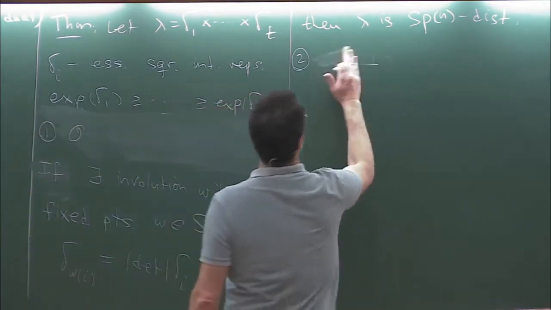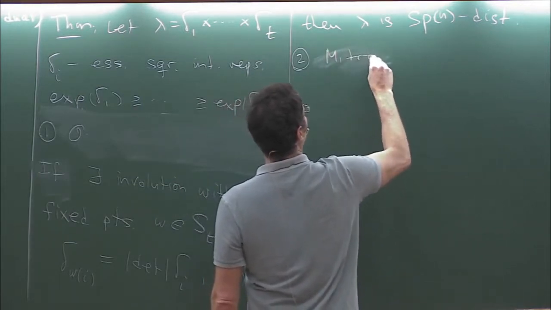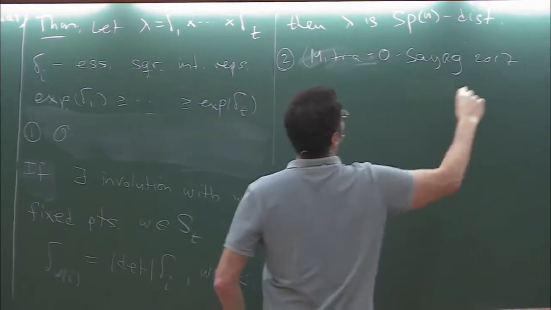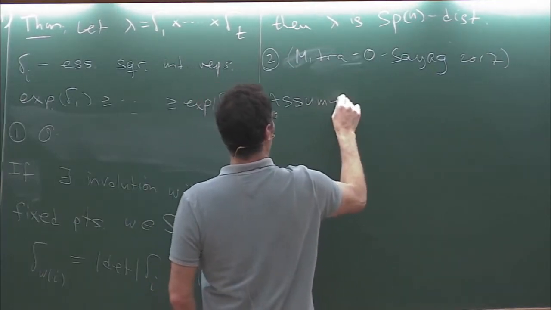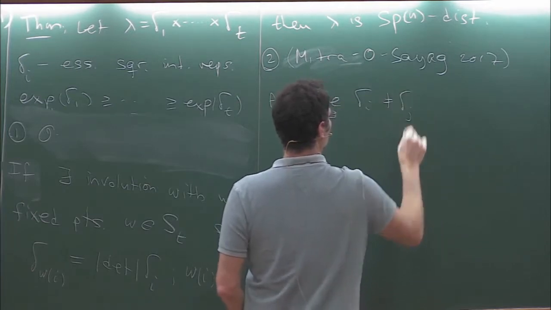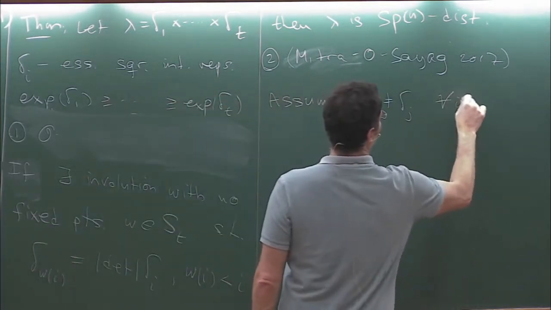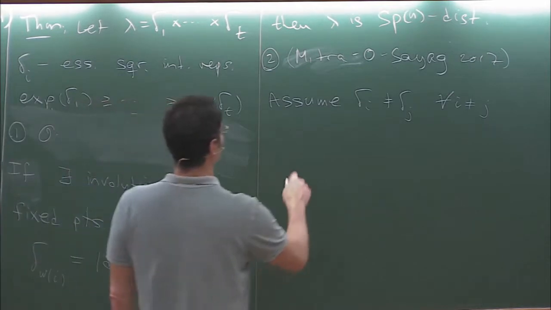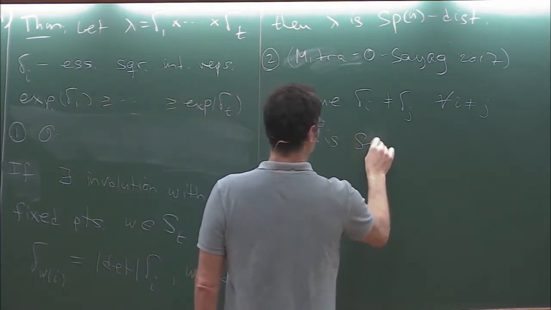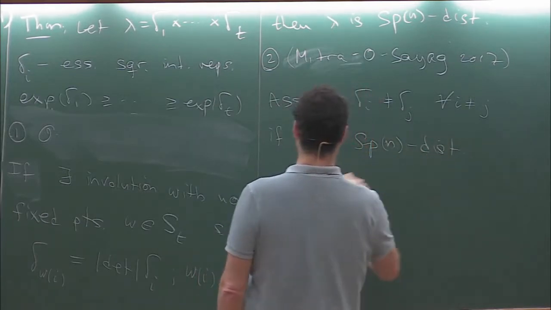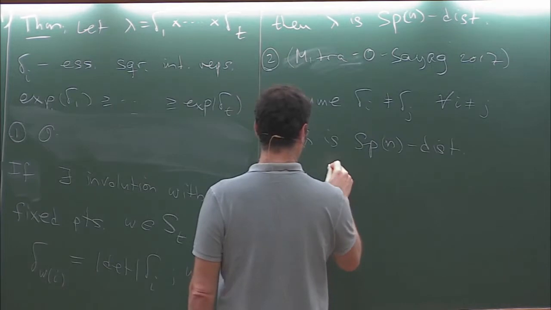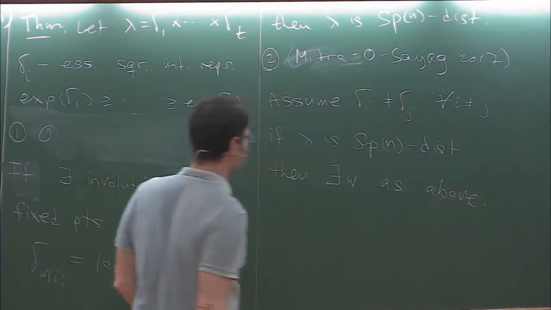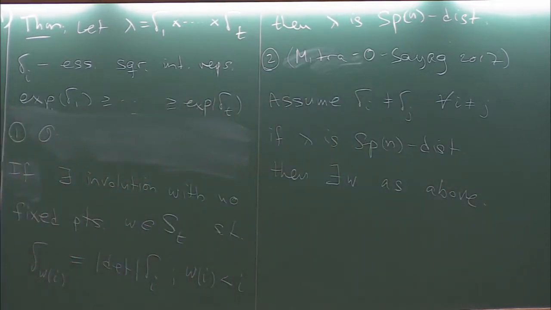So this is a sufficient condition for general standard modules. And in the paper with Mitra and Sayag, under the assumption that the square integrable data has no repetitions, we prove the converse, which is that if lambda is SPN distinguished, then the data, the square integrable data, is of the form that we expect it to be.